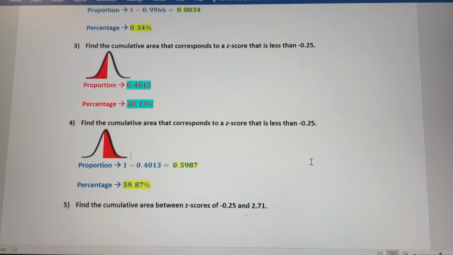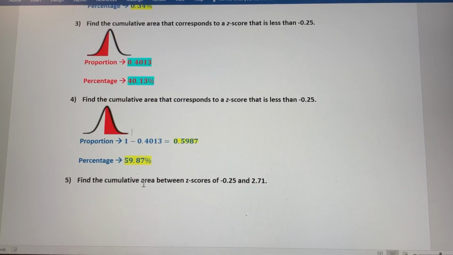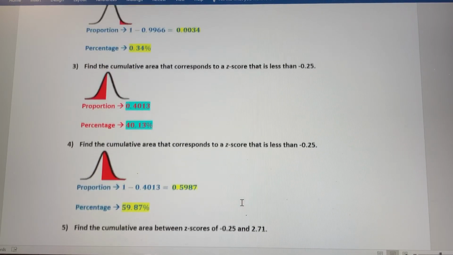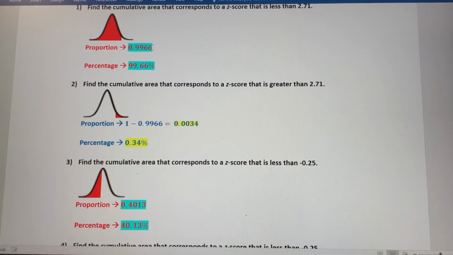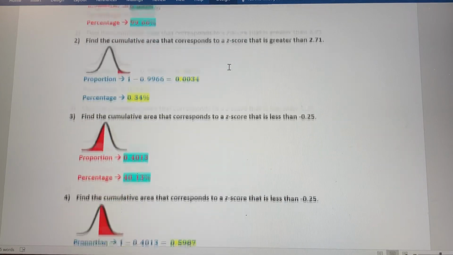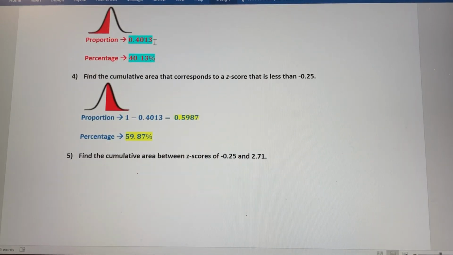All right, and finally, let's find the cumulative area between the z-scores of negative 0.25 and 2.71. We're going to use this value because that's the proportion of values less than 2.71. We're going to use this value, which is the proportion of scores less than negative 0.25. Our drawing would look like this. We're from a z-score of negative 0.25 to 2.71 here.